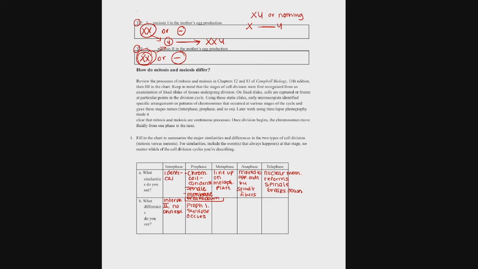But in metaphase 1 of meiosis, synapsed pairs line up, and in metaphase 2, individual chromosomes line up.